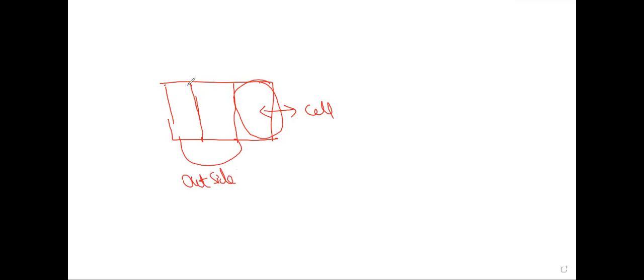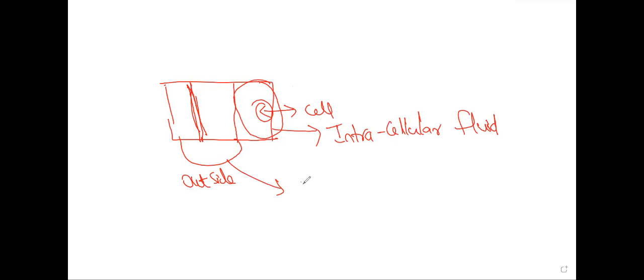Outside the cell we have two compartments. The water present inside the cell we will call intracellular fluid. The water present outside the cell we will call extracellular fluid.